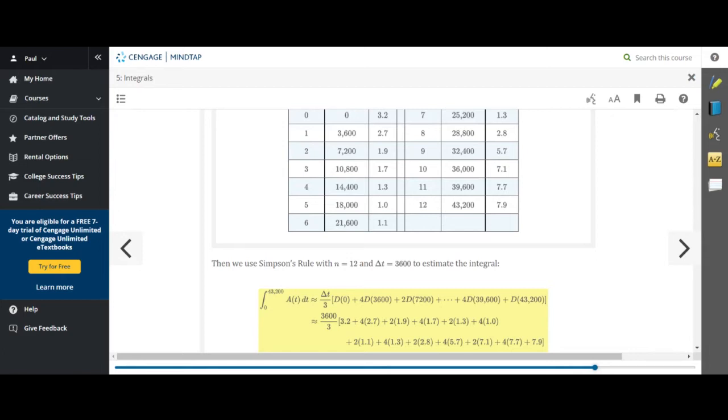And then after 1 hour at 3,600 seconds, you have 2.7 megabytes per second. After 3 hours, you have 1.7 megabytes per second. Do you see how they're just plugging things in from the table? Are there any questions on that?